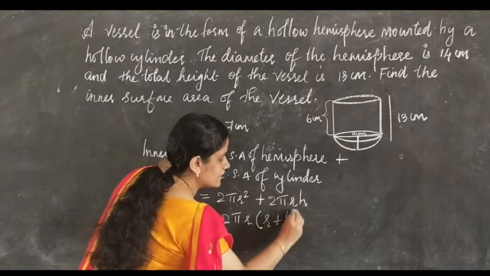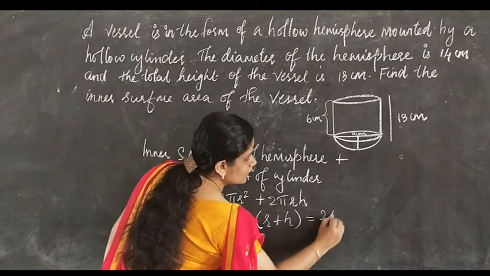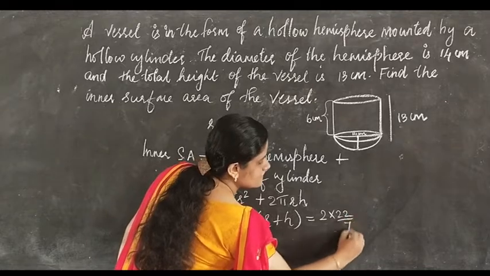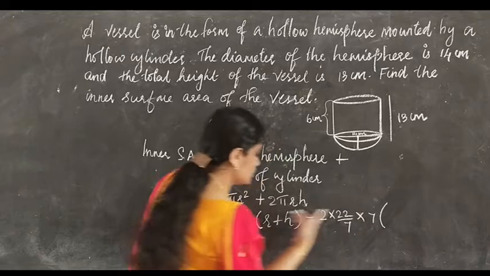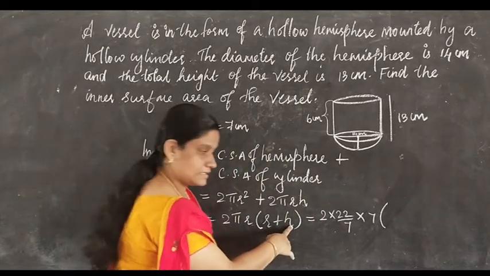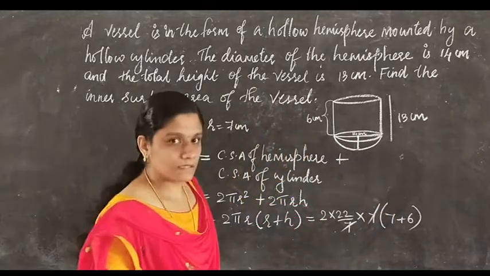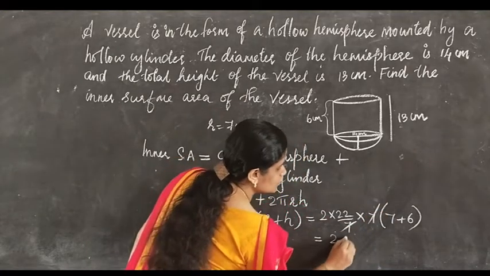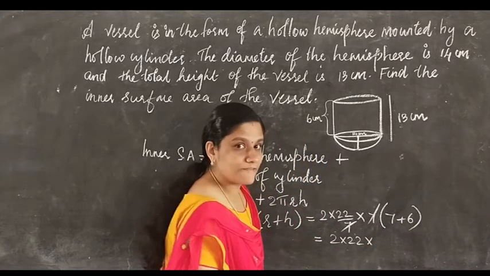2 pi r into what is remaining? r plus h. Okay. Now here 2 into 22 by 7 into what is the radius? 7 into 7 plus 6. Now 7 and 7 got cancelled. Then what you have? 2 into 22 into 7 plus 6. What is 7 plus 6?